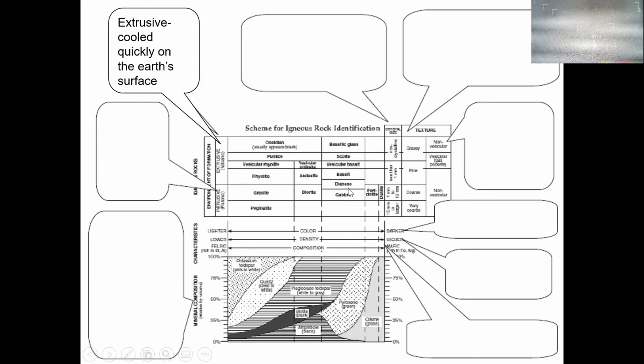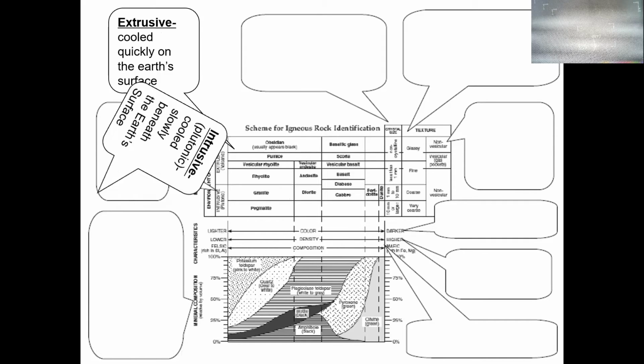What's going on with diabase? Okay, it wants to be different. It's in the middle there. So sometimes diabase will be intrusive, sometimes it will be extrusive. But as long as you can see there where Tyler got his list from, any that line up with the box for extrusive are going to be the extrusive rocks.